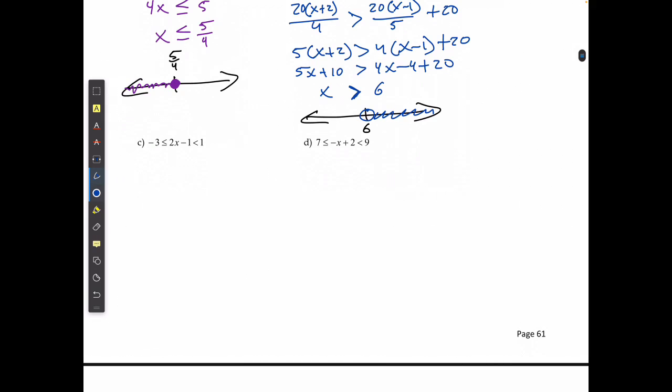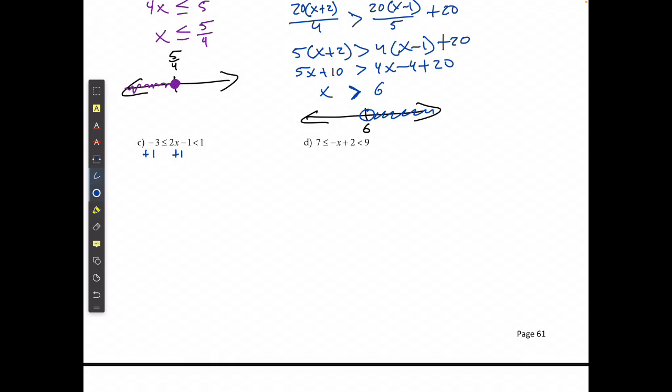For example C and D, now I have 3 parts. The only thing I have to be careful of is that whatever the process is that I'm doing, I do it to all 3 parts. So if I'm trying to isolate the x, well, first I'm going to take away the negative 1, so I'm going to add 1.